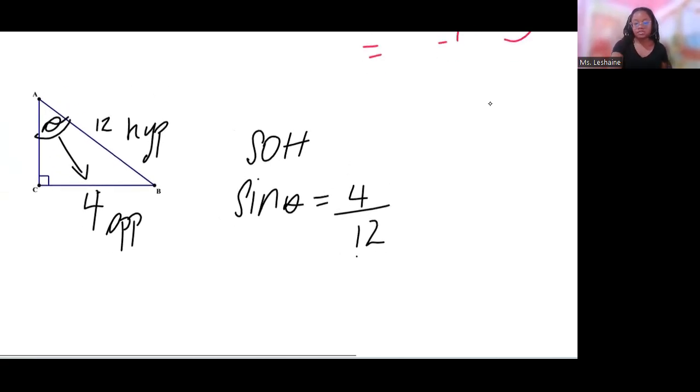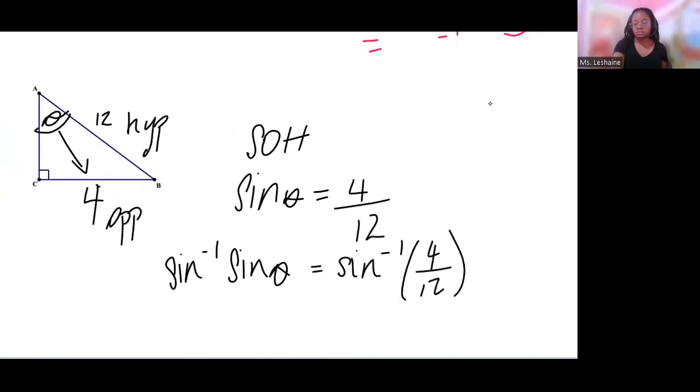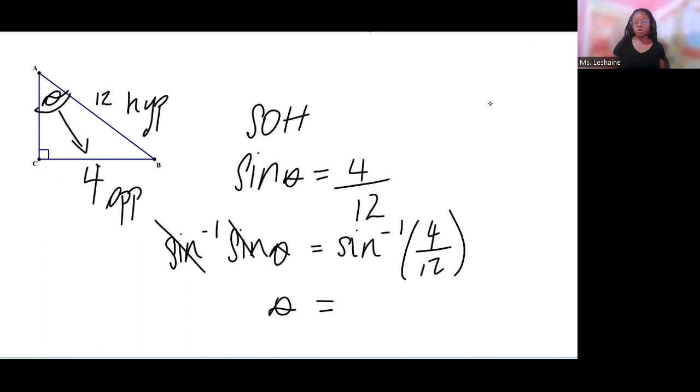So I have sine inverse of the left, and I will also have sine inverse of the right. Of course, these will cancel and leave my angle equal to sine inverse of 4 over 12, and I just punch that on my calculator. So my angle in degrees is 19.47 degrees.